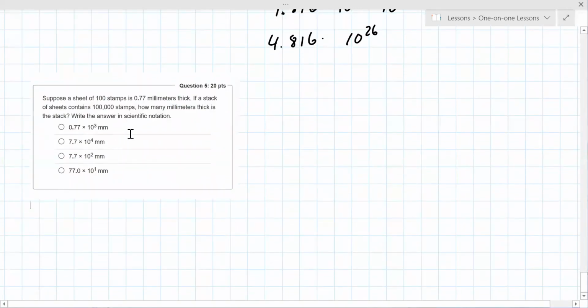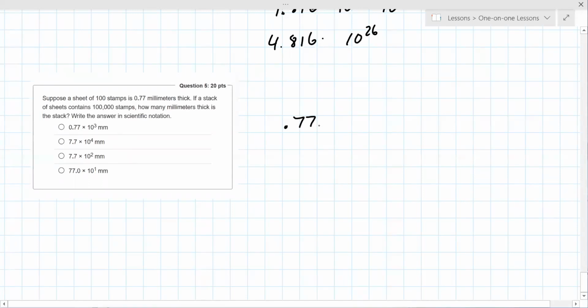Suppose a sheet of 100 stamps is 0.77 millimeters thick. If a stack contains 100,000 stamps, how many millimeters thick is the stack? Okay. So we need to use 0.77 times.